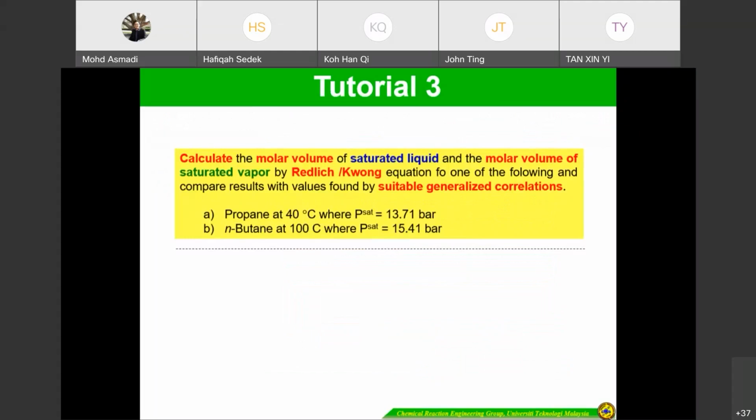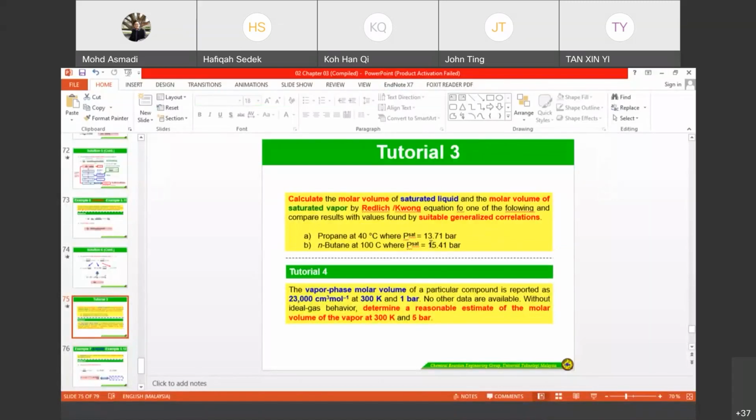Calculate the molar volume of saturated liquid and saturated vapor. Can you use this one, using a generalized correlation? 13.71 bar and also 15.41 bar.